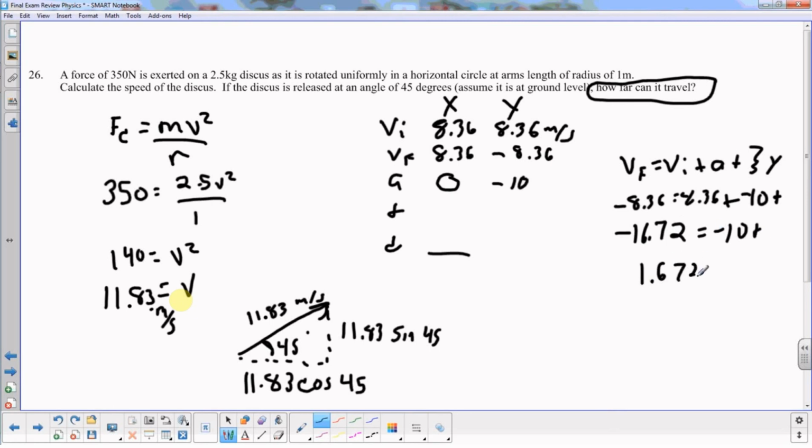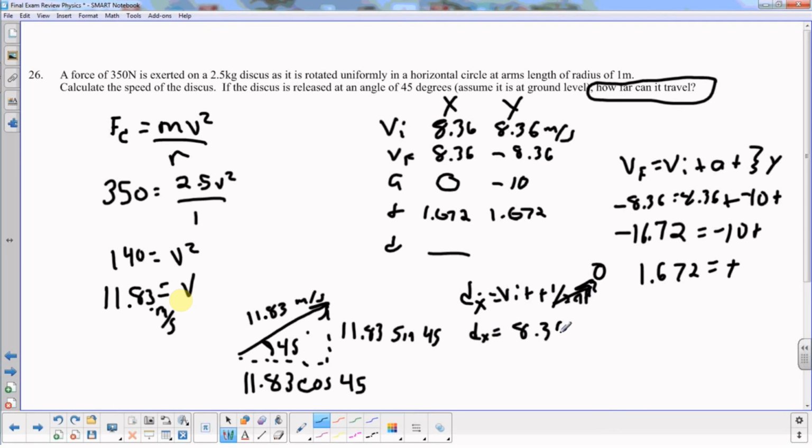1.672 equals time. So now I can do d in the x equals vit plus 1/2 at squared, all in the x. dx equals, that's going to be 0 because my acceleration in the x is 0. vit, so 8.36 times 1.672.